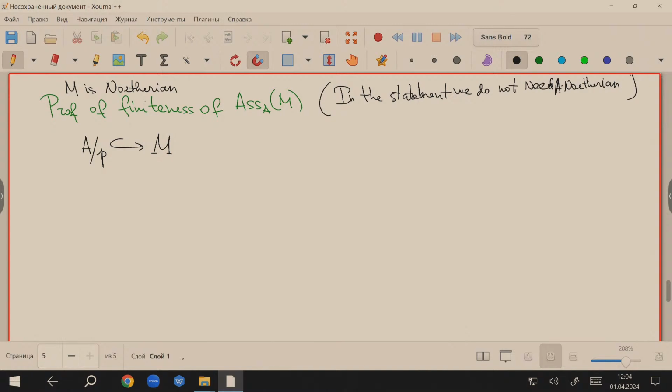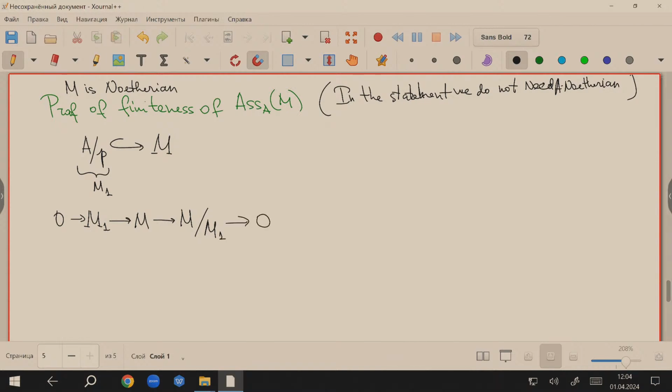If you have this inclusion, you can put it equal to M1, and you get the sequence M1, M2, where M2 is just M modulo M1.